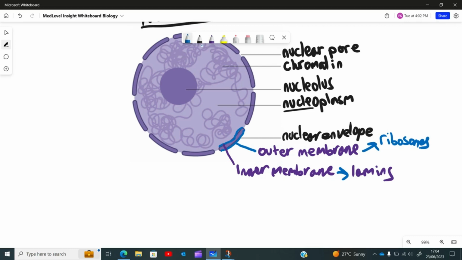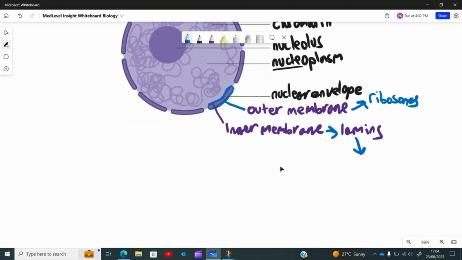So lamins are lined in the surface, used for the structure of the nucleus, and the cell division, and also interacting with the chromatin, which I'll explain later.